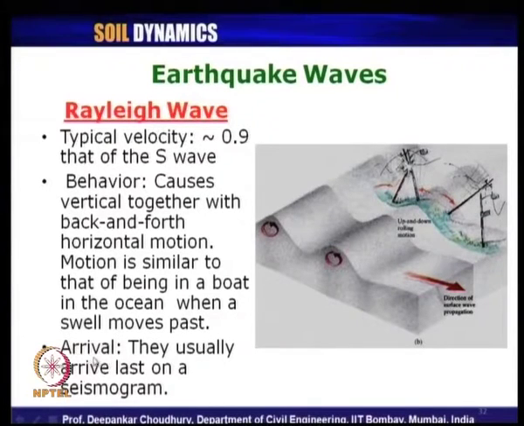The Rayleigh wave usually arrives last on the seismogram. What does it mean? The Rayleigh wave has the least velocity among the 4 categories of waves we are studying. That is why it arrives last on the seismogram.